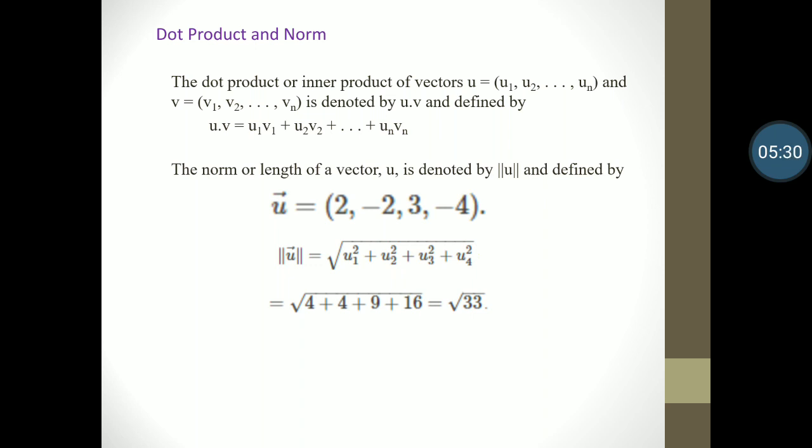So our values are 2, -2, 3 and -4. So under root 4 plus 4 plus 9 plus 16 is equal to under root 33. So this is the example for calculating the norm of our vector.